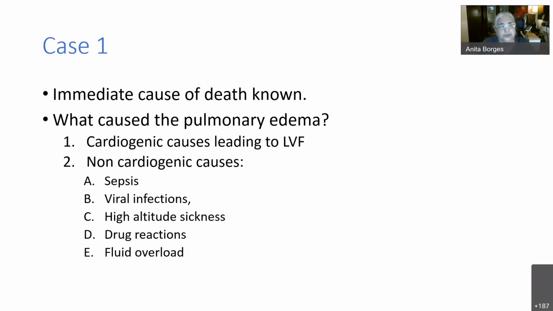Now, you know that there are several causes of pulmonary edema, and I've put them up over here. If you would like to write in the chat box, what do you think could have been the cause of pulmonary edema in this patient? You can write 1 if you think it's 1, or 2A, or 2B, 2C, 2D, etc. And perhaps Deepika or Ram could tell me, because I can't see what is being answered.